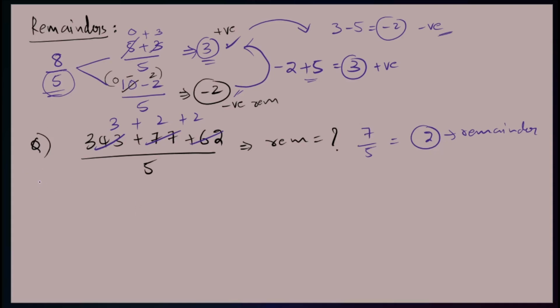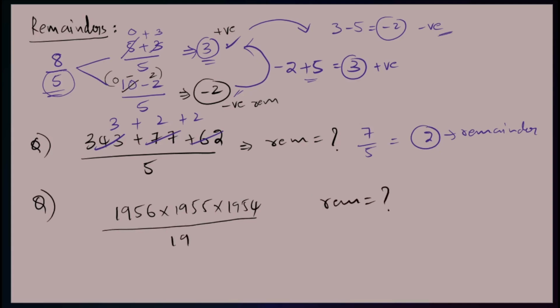Now let me give you another question. If I ask you 1956 into 1955 into 1954 divided by 19, what is your remainder? It's a waste of time if you just multiply all these.